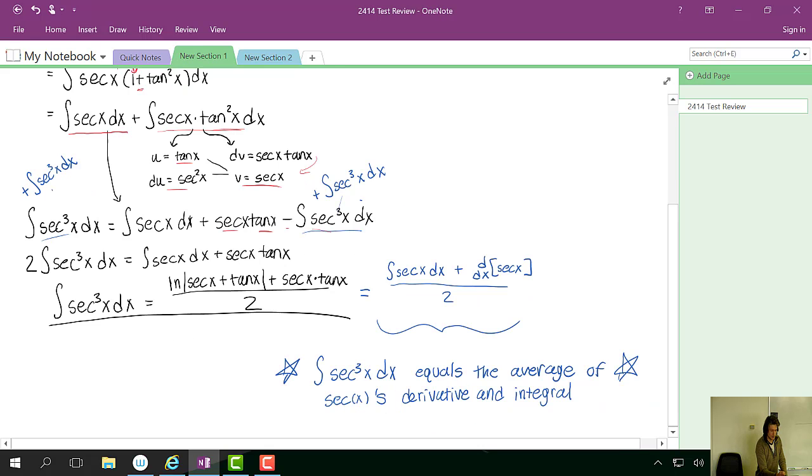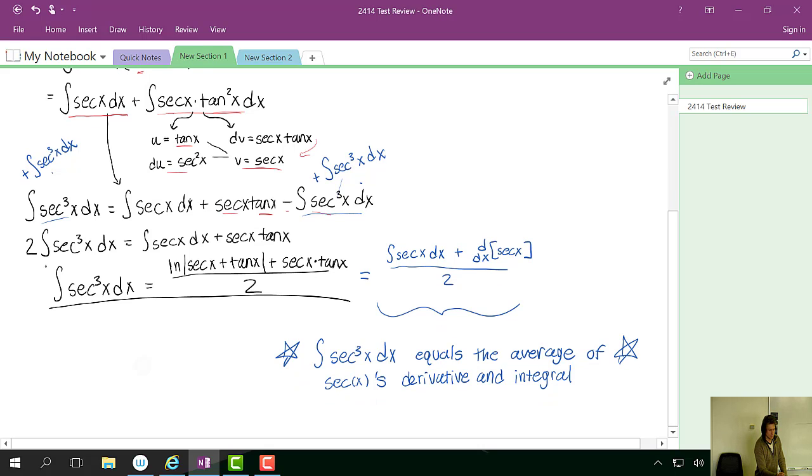And over here, I have this plus this, 2 integral secant cubed. So that leaves me with 2 integral secant cubed dx is equal to this integral of secant plus secant tangent. And so if I divide by 2, I get the final answer. Integral of secant cubed x equals this, integral of secant, natural log secant plus tangent, plus the secant tangent from before, all over 2.